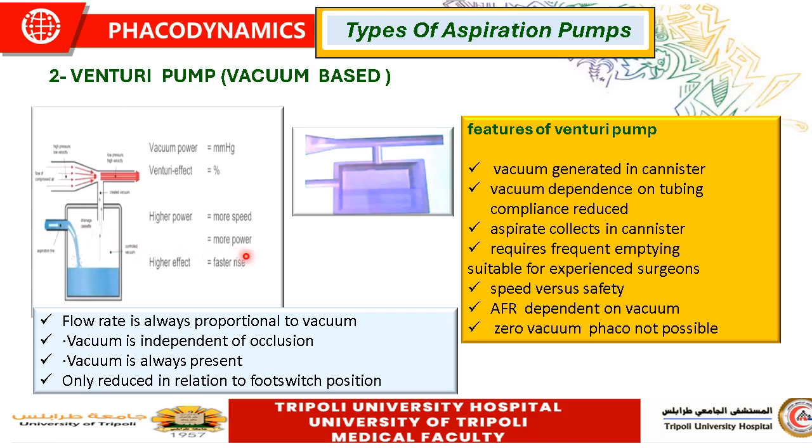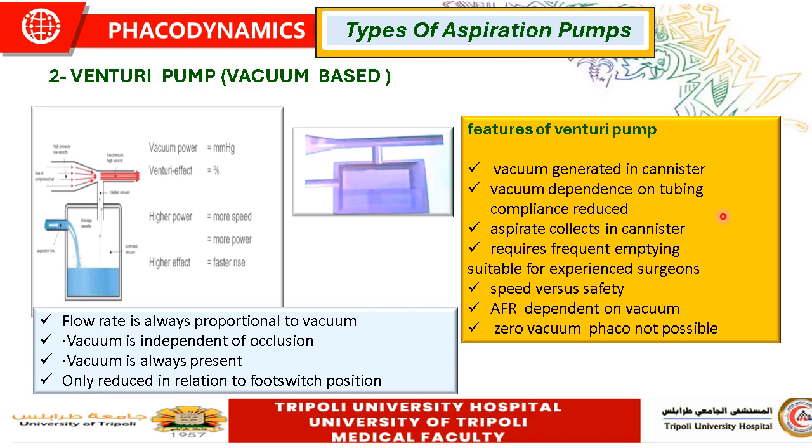The vacuum in the Venturi pump is generated, as I said, in the canister, and it depends on the tubing. If the tubes are compliant, less vacuum will be developed and there will be collapse of the tube. However, non-compliant tubing is very important to maintain the vacuum, and the speed of this vacuum is very high.